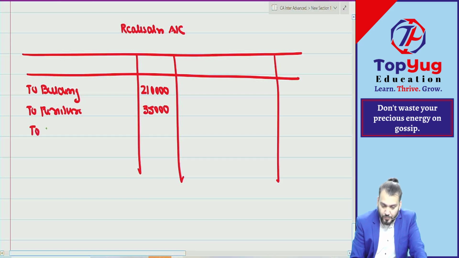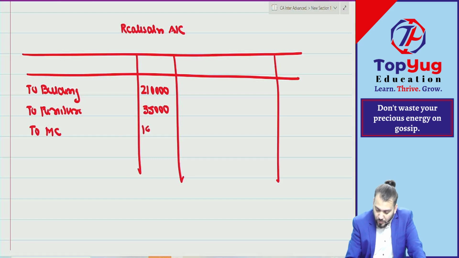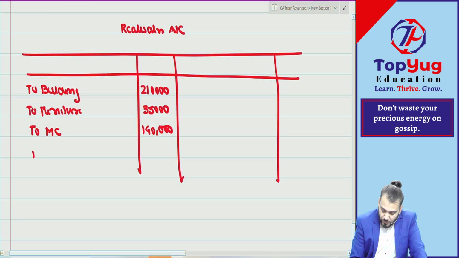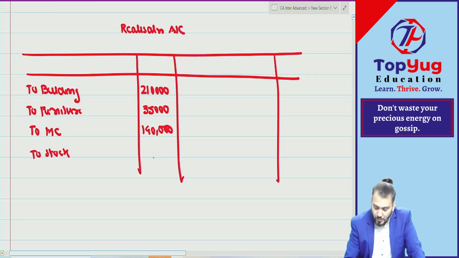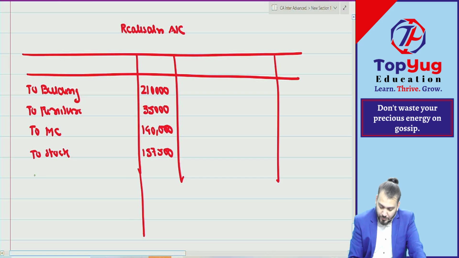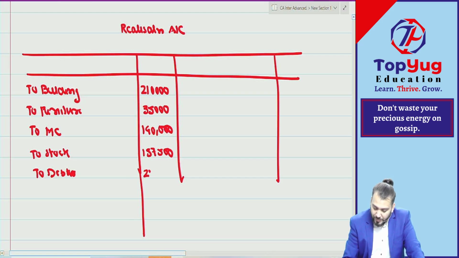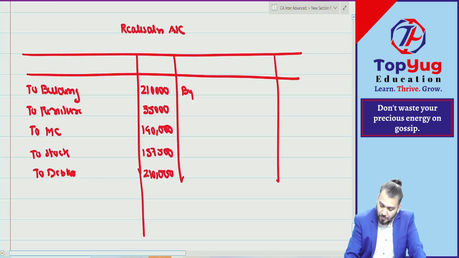Then to motorcycle, how much? 1,40,000. Then to stock, how much? 1,57,500. Then to debtor is 2,10,000.